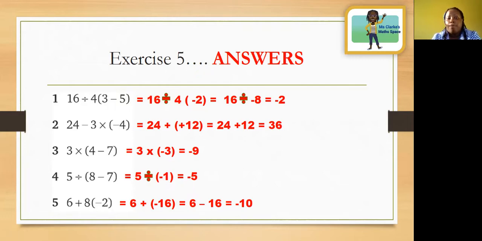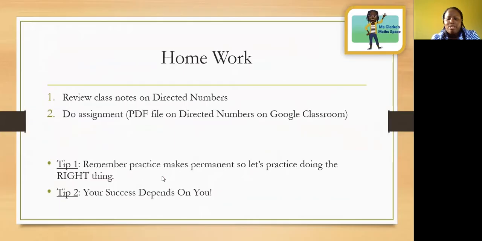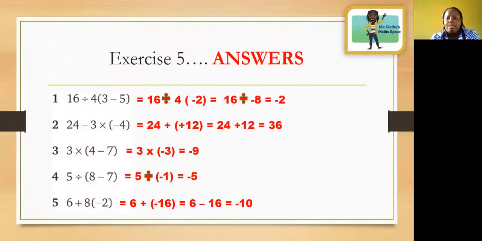Question 4, we have 5 divided by 8 minus 7. We've got the brackets, 8 minus 7 is 1. So this is an error here, my apologies. Sometimes it happens with math teachers as well. You need to always look over your work. I failed to look over my work, and my sincerest apologies.